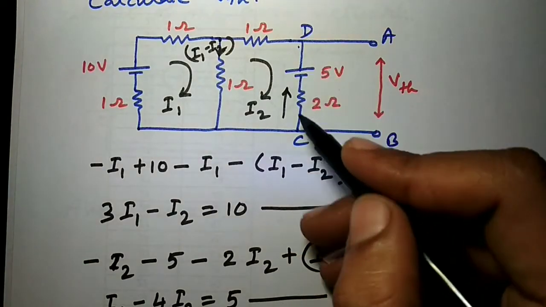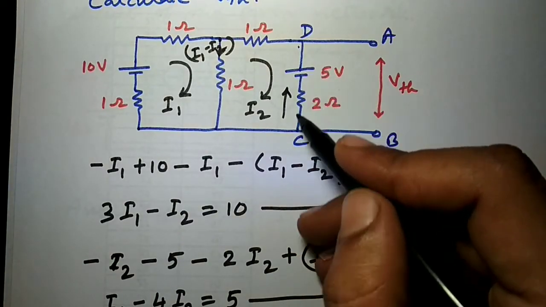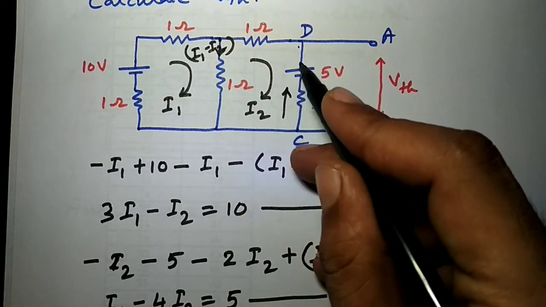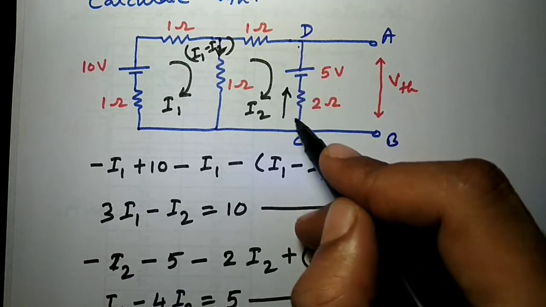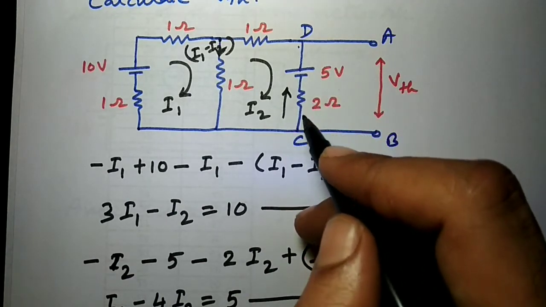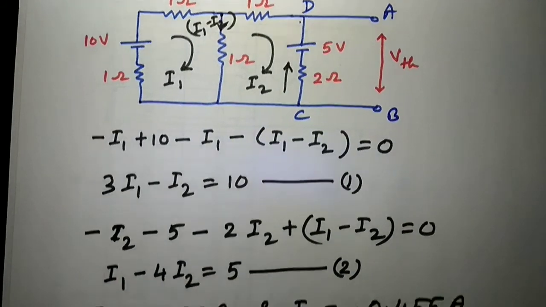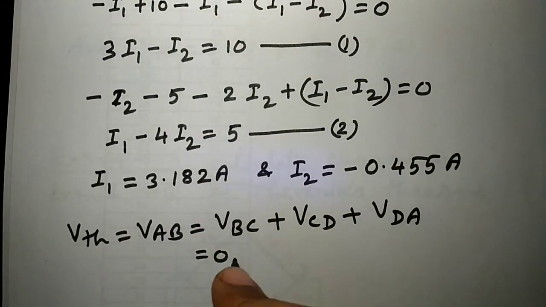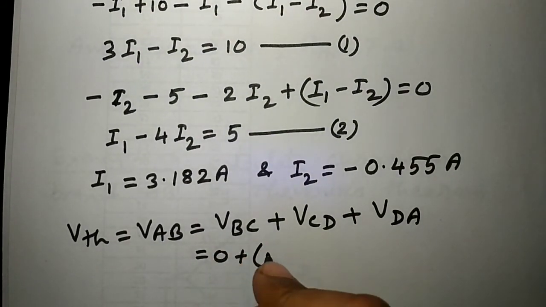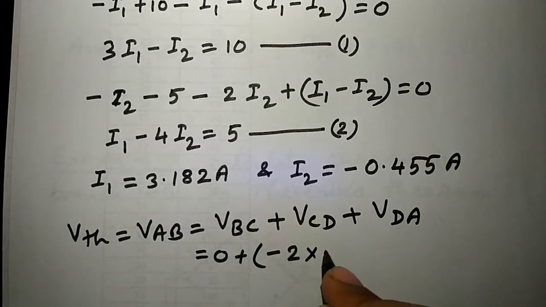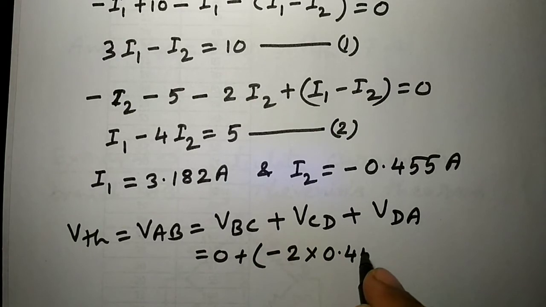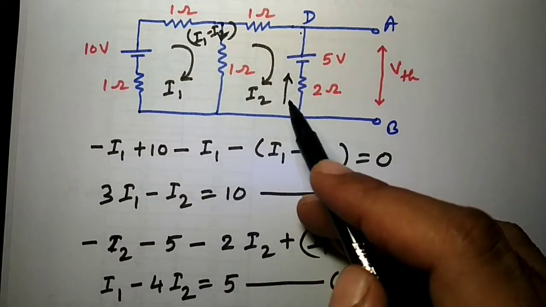Between C and D, we are going from C to D, that means in the direction of the current. So this voltage drop will be considered as negative. So it will be minus 2 into I2. I2 here will be taken as 0.455 because we have already changed the direction of I2.